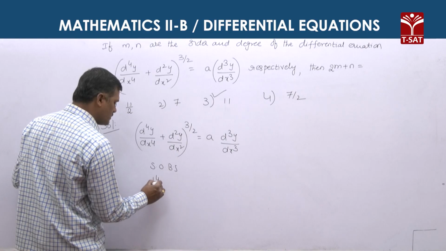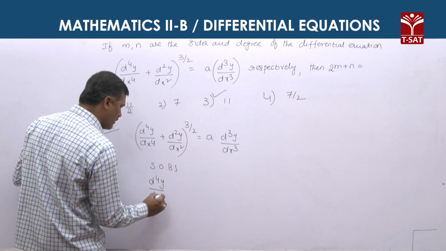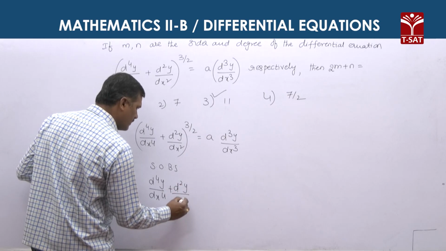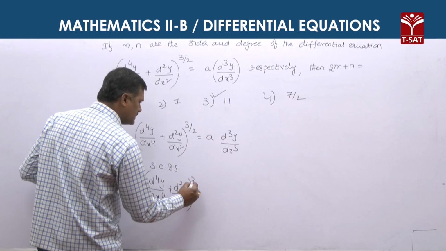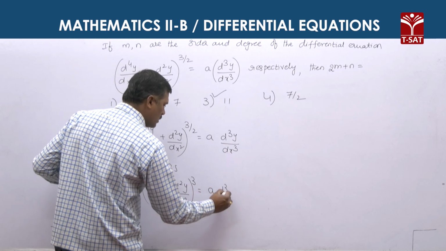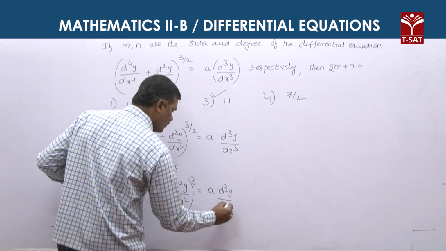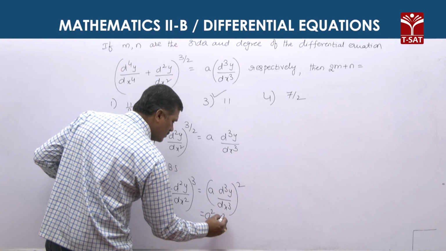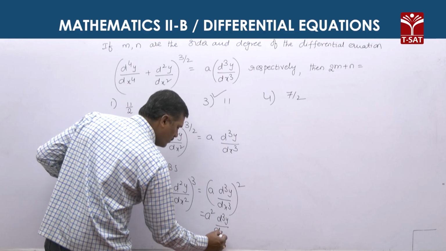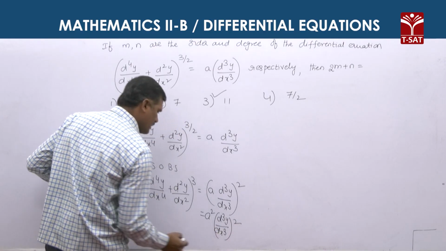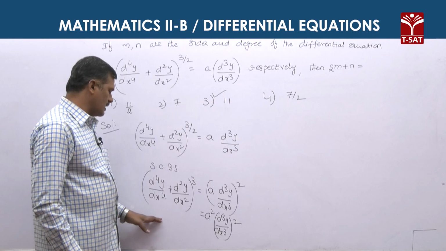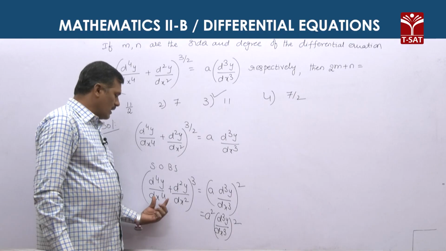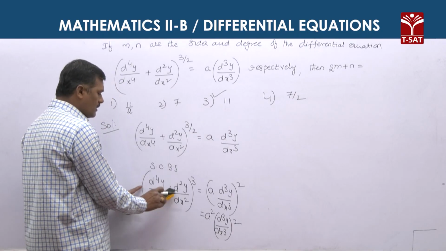The equation becomes d power 4 y by dx power 4 plus d square y by dx square whole cube is equal to a into d cube y by dx cube whole square, that is equal to a square into d cube y by dx cube whole square. So in this differential equation, if you expand it in the form of a plus b whole cube, a cube means the first term whole cube.